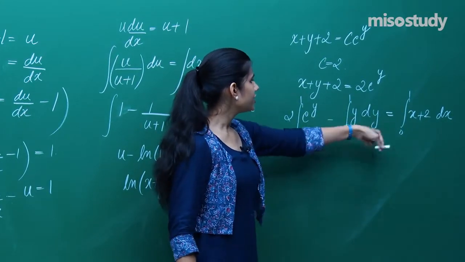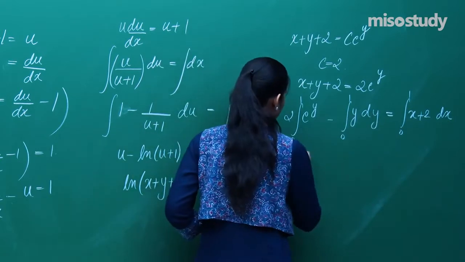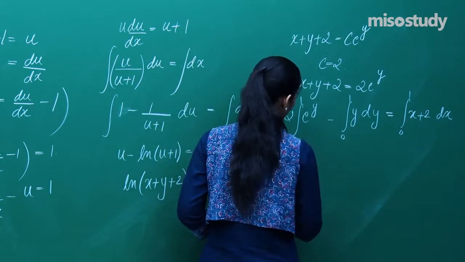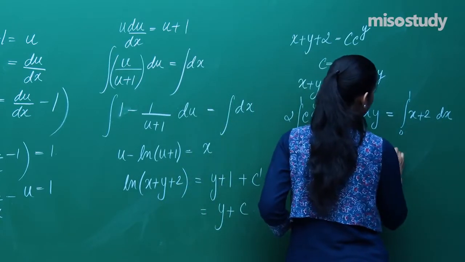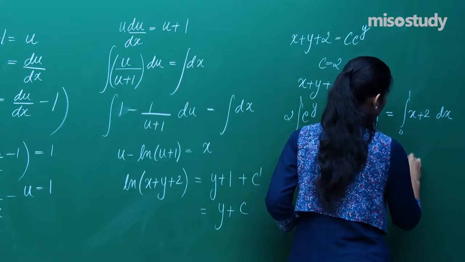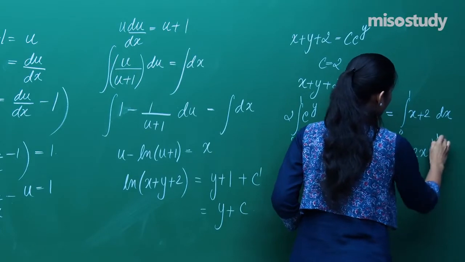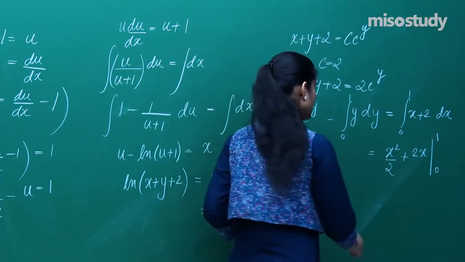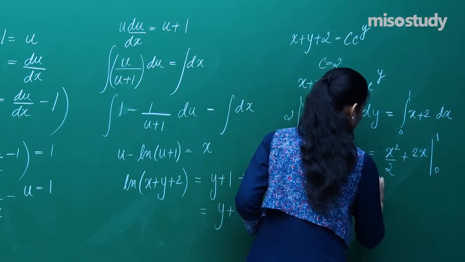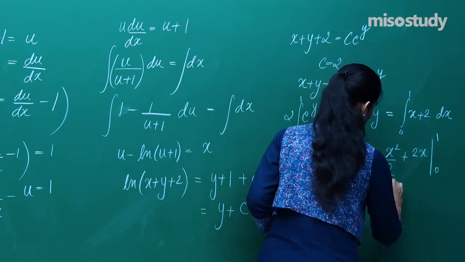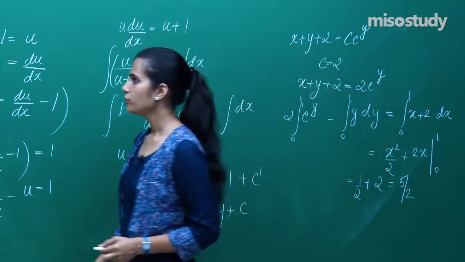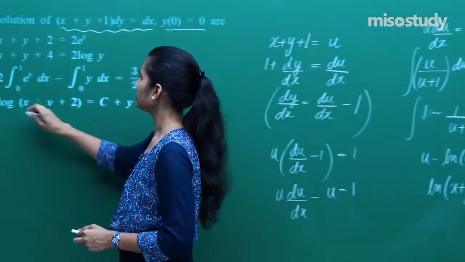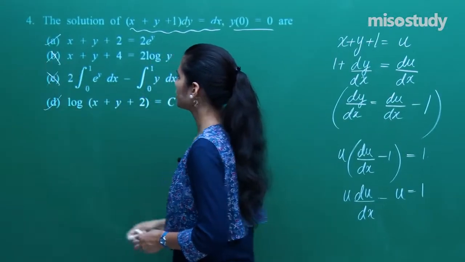So I am just integrating from 0 to 1 everything. Let me just not compute the left hand side because that is the value I want to find. This is x^2/2 plus 2x from 0 to 1. This gives you 1/2 plus 2, which is 5/2. And therefore you are not getting this coming out to be 3/2, even this is wrong.